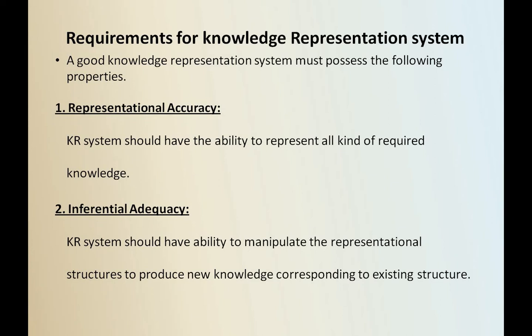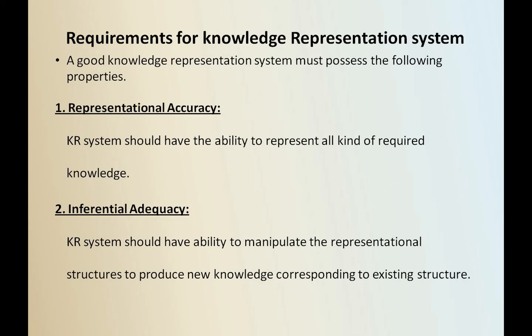The next one is inferential adequacy. What is the meaning of inferential adequacy? The KR system should have the ability to manipulate the representational structures to produce knowledge corresponding to the existing structure. That means it should facilitate inferential things according to the existing structures. Based on the existing knowledge, we can draw some inferences, or produce some new knowledge.